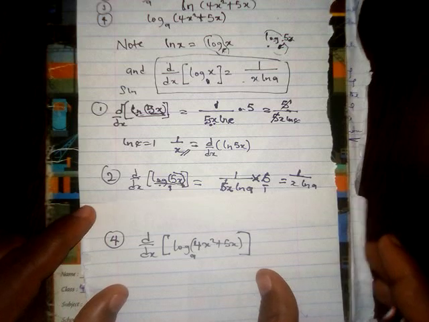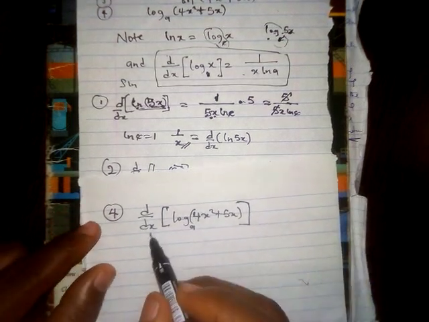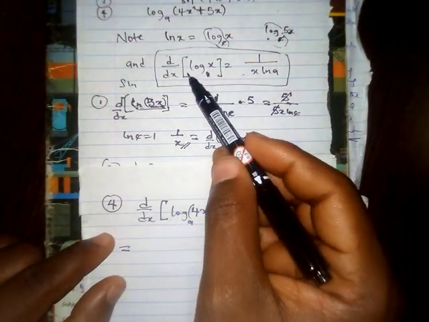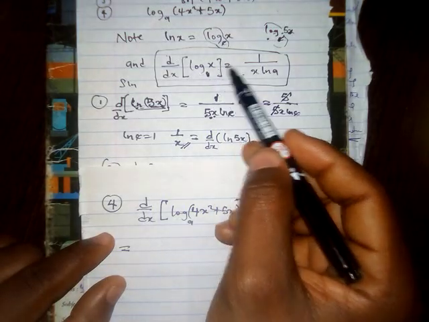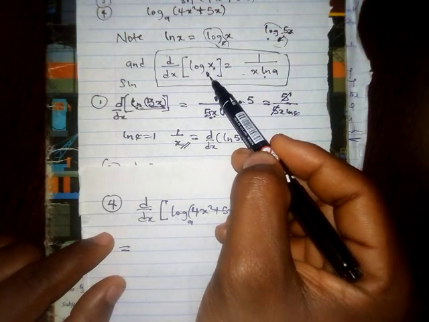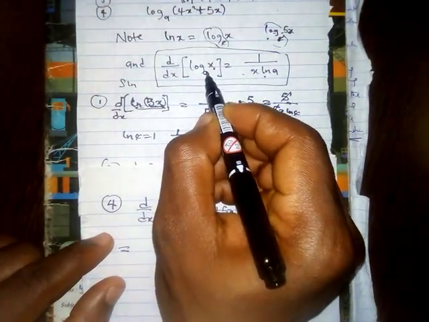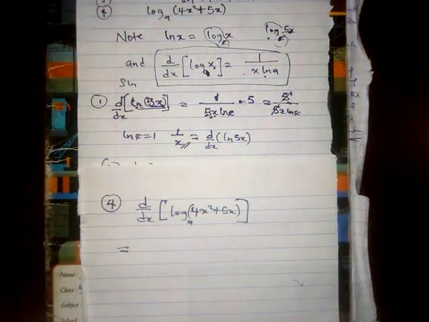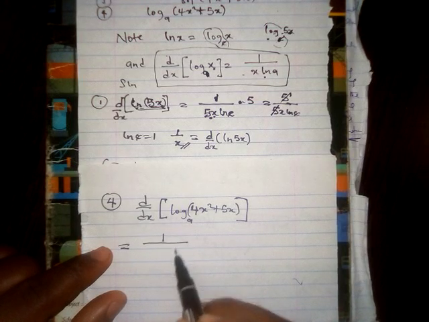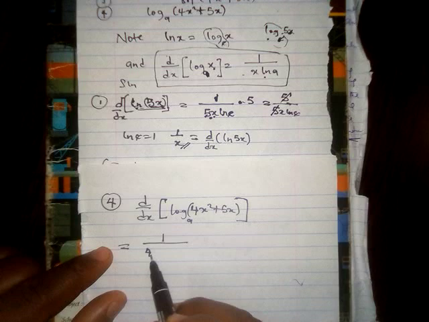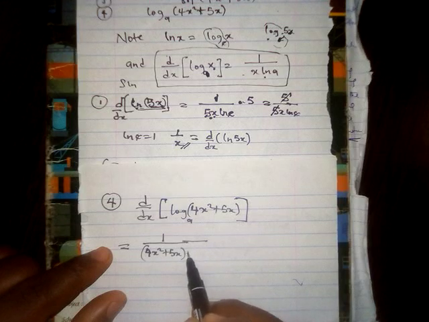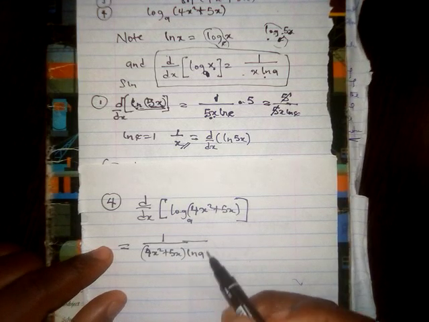So we will be using our formula that when differentiating log x, the derivative is simply 1 over the function times the ln of the base. Sorry, this is the ln of a. So this will now be 1 over 4x squared plus 5x, multiplied by the ln of the base. Remember, we are differentiating the outer function.